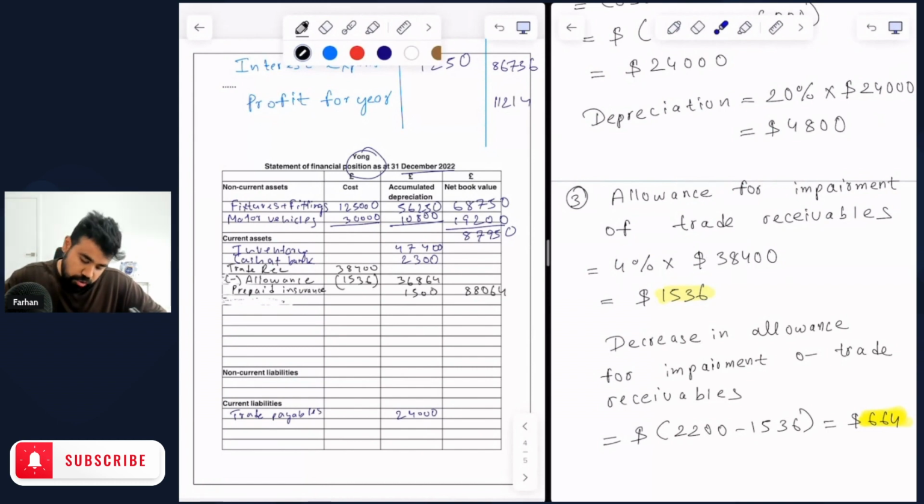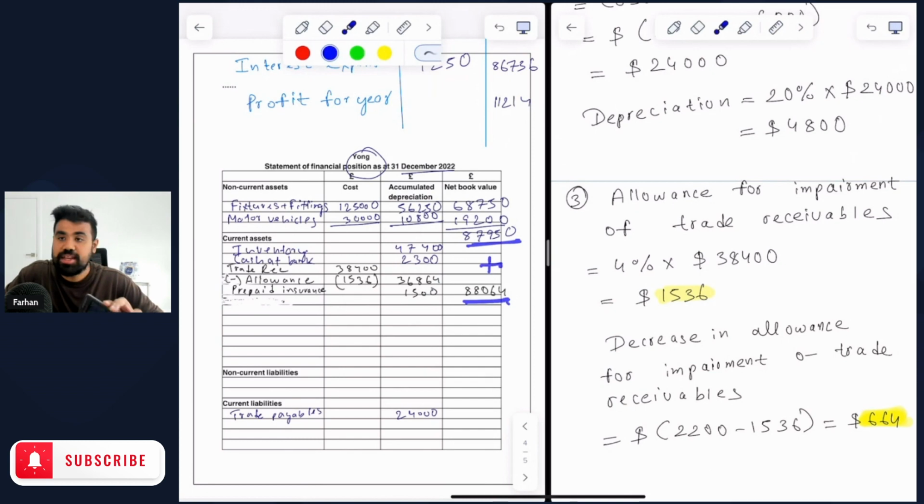So now what I want you to do is add the total of non-current assets with the total of current assets. Add 87,950 with 88,064. So let's just do that. So total assets will be 176,014. All right.